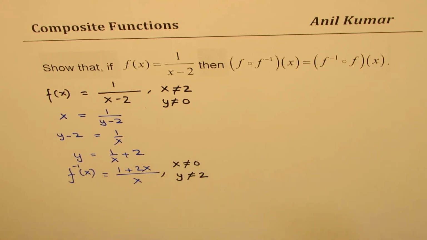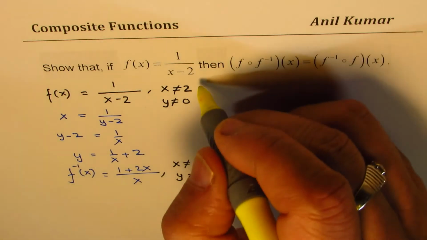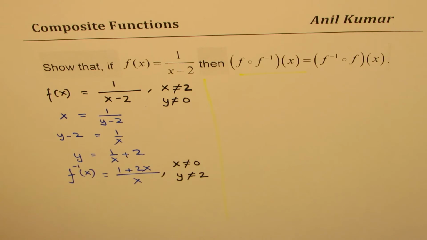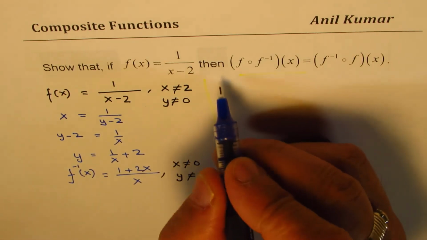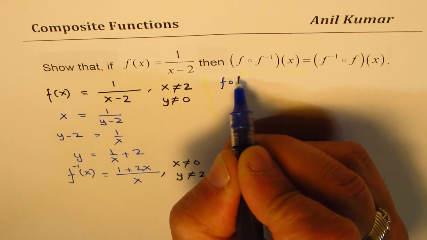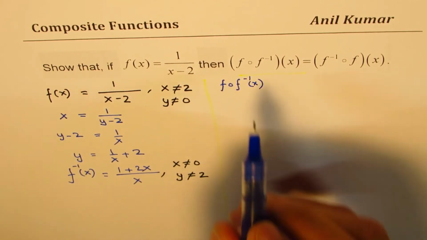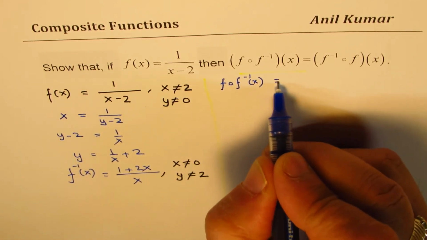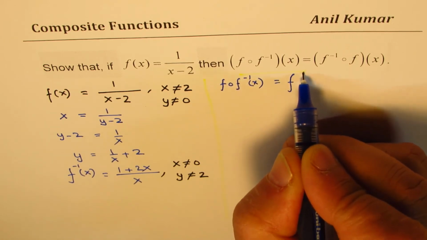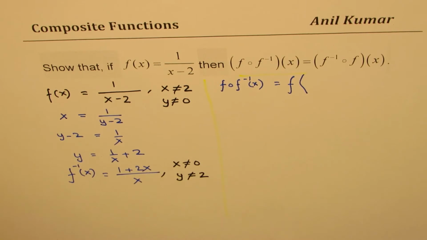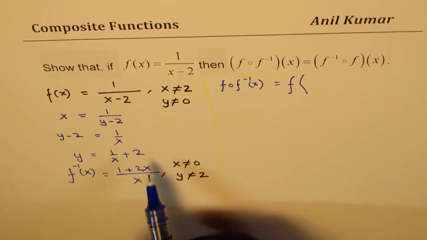So what we will do now is find what the left side is and what the right side is. So let's figure out what f of f inverse of x is. That means we are trying to figure out f of f inverse x. You could use either one of these equations, right? It doesn't really matter.